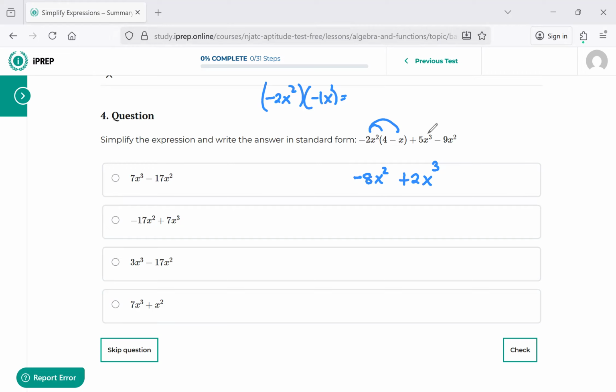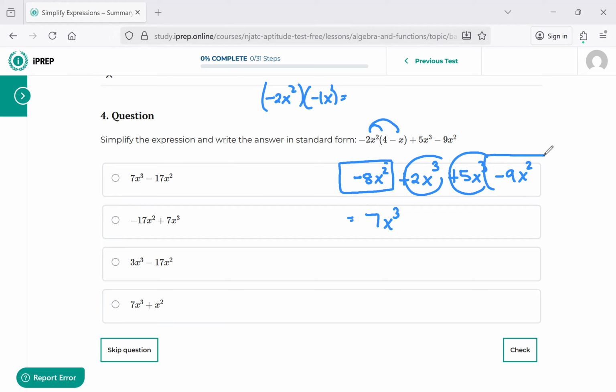And then these are outside the parentheses, so bring those down. Then it's all about collecting like terms. Start with the highest power. Your highest power is 2x cubed and a 5x cubed, which is 7x cubed. And then your x squared is negative 8x squared and negative 9x squared.